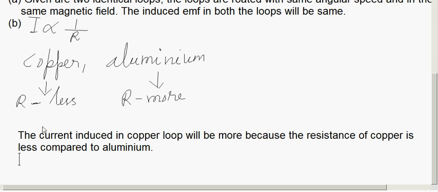Compared to aluminium, the resistance of the copper is less, and hence the current induced in the copper loop will be more. Now take down another one.